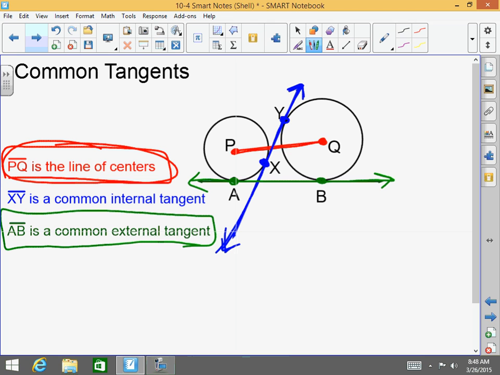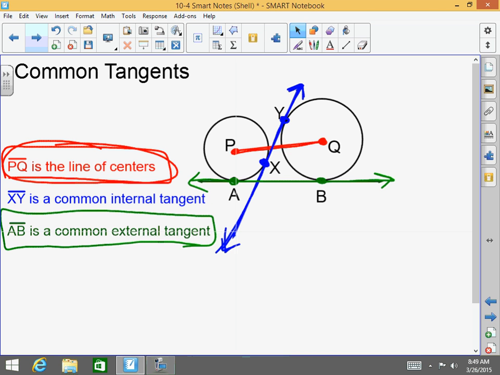So if the tangent is going in between both, it is internal. If the tangent is on the exterior of both, it is called a common external tangent. And the line that connects the centers is called the line of centers.